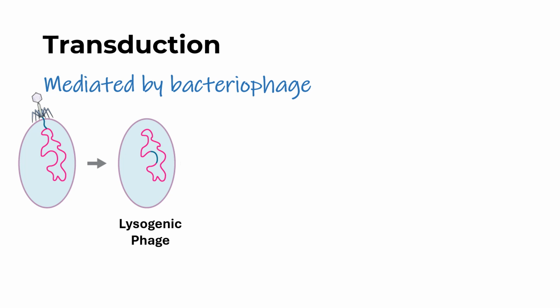Sometimes, environmental stress can cause a dormant bacteriophage to become activated. At this point, the viral DNA is cut out of the host genome in a process called excision. Sometimes, a piece of the host genome can be cut out at the same time. This viral DNA is then used to make many copies of the virus.